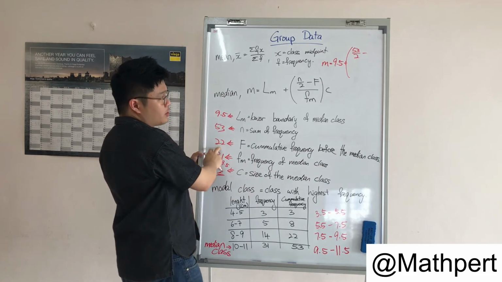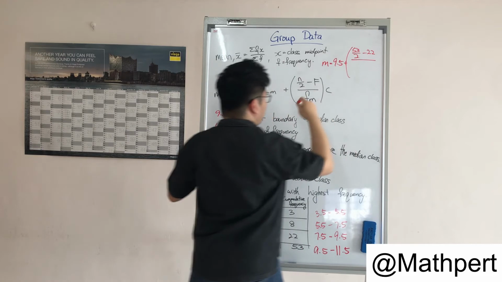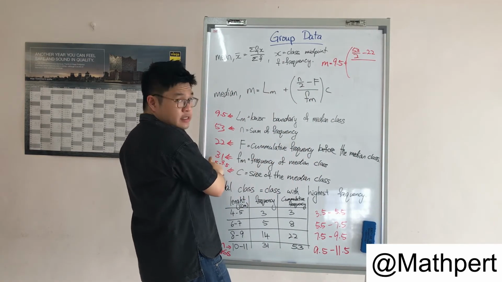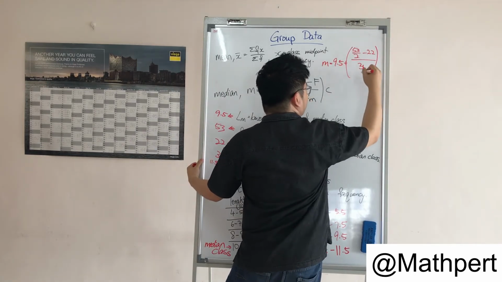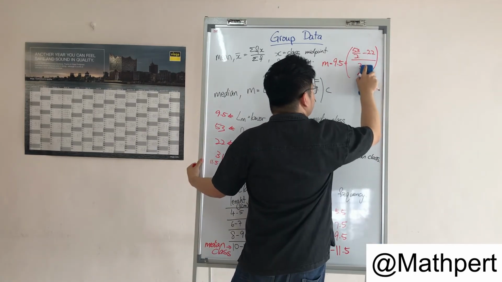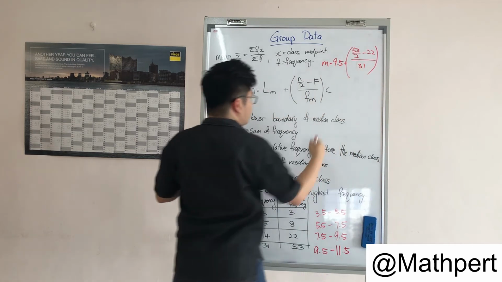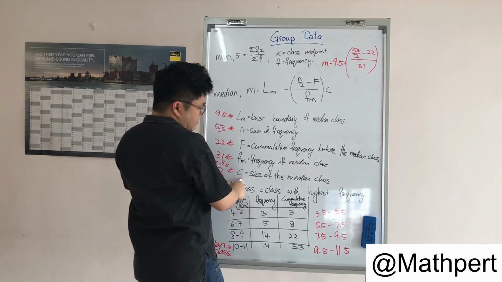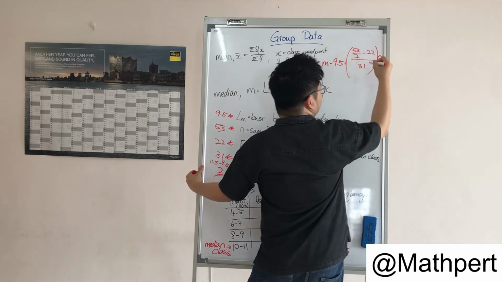In this case is 22, over FM, frequency of median class. In this case is 31. And C, size of the median class, is 2.